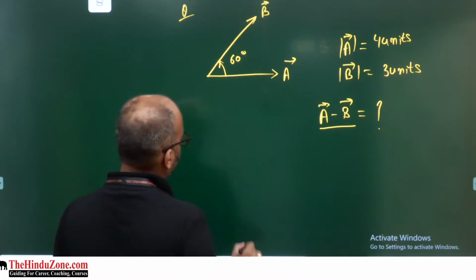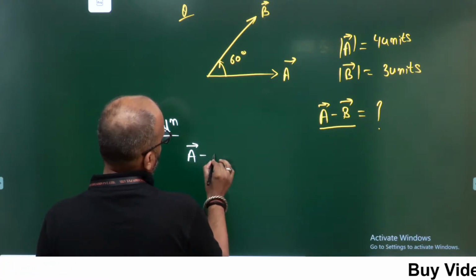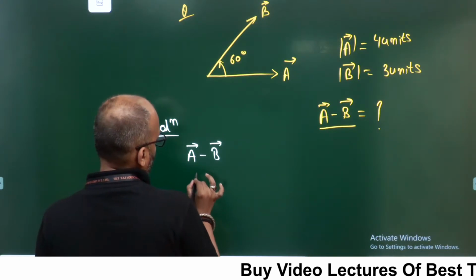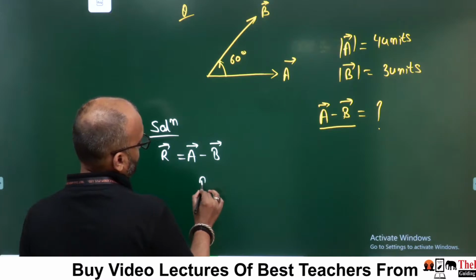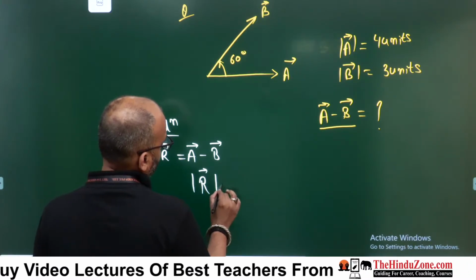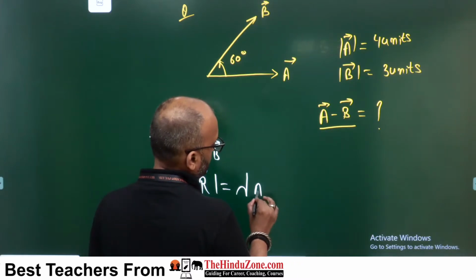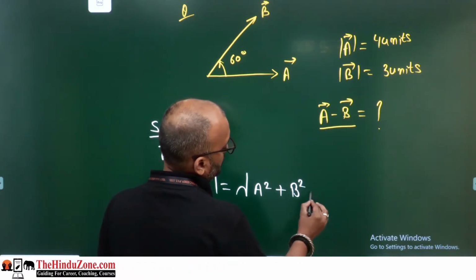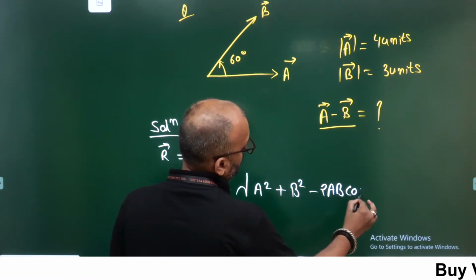Please see. They are asking us to find vector A minus vector B. Okay, so first of all let us calculate magnitude of vector A minus vector B. That will be A square plus B square minus 2AB cos theta.